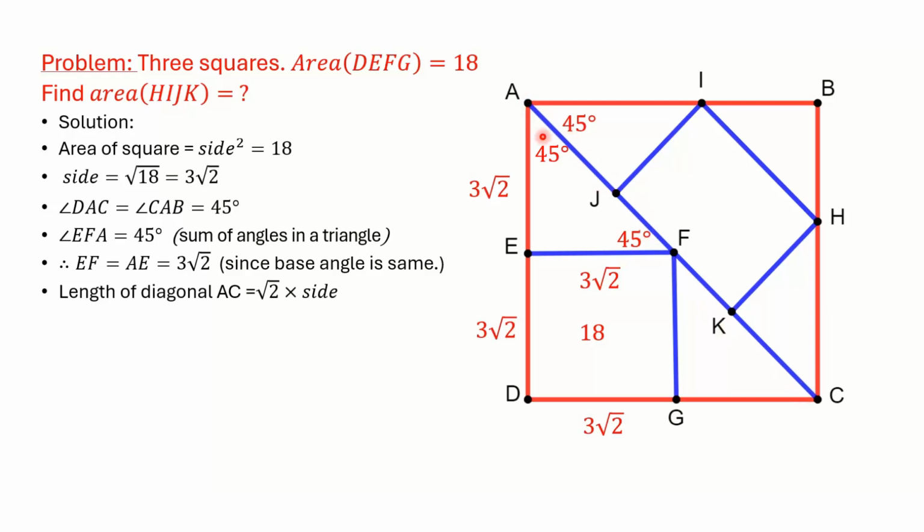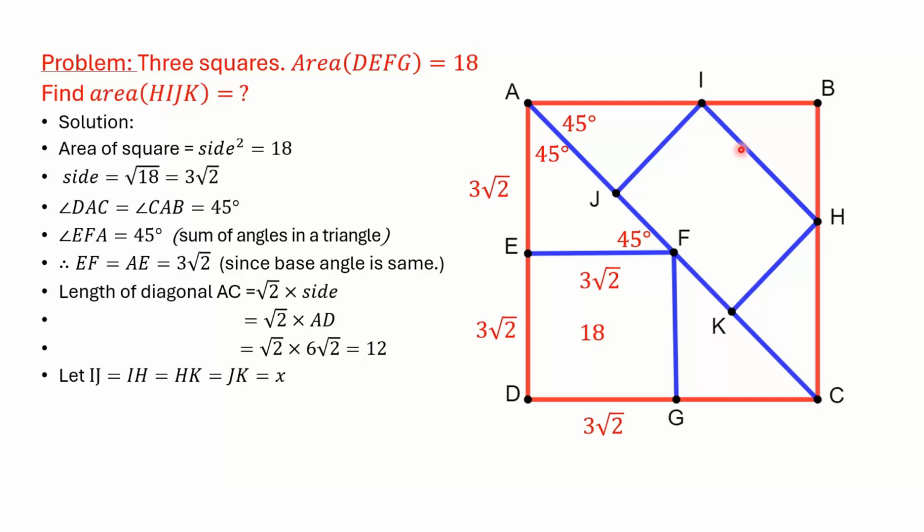In a square, the diagonal length is root 2 times the side length. So diagonal AC will be root 2 times the side AD, and AD is 6 root 2. So 6 root 2 times root 2 is 6 times 2, that is 12 unit. So now I know this diagonal is 12 unit.